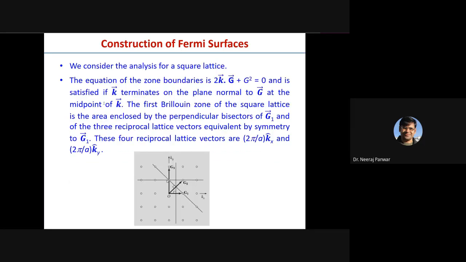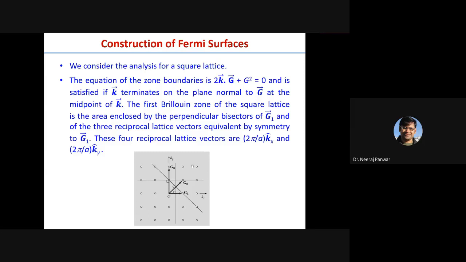All right, so now we are going to see, though we already have understood how we construct the Brillouin zone, how on the Brillouin zone we superimpose the Fermi surface, and what the consequences are when we do so.